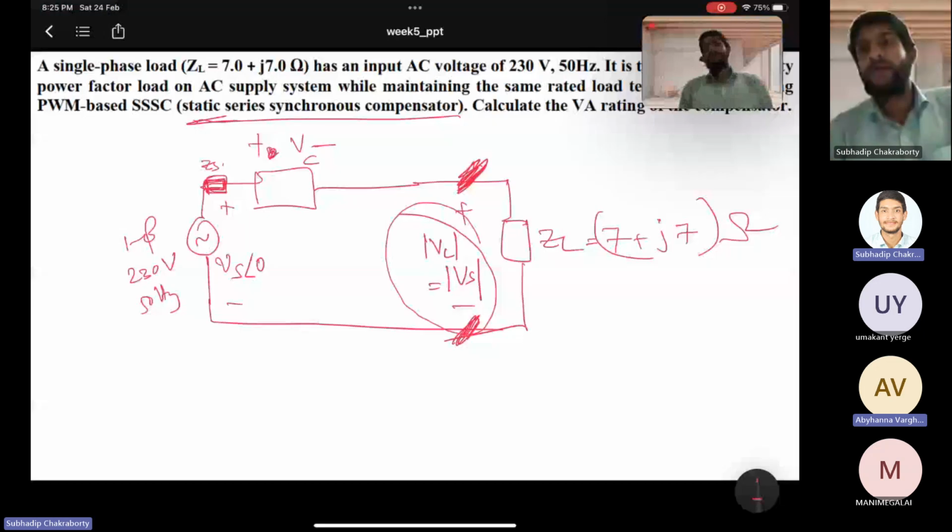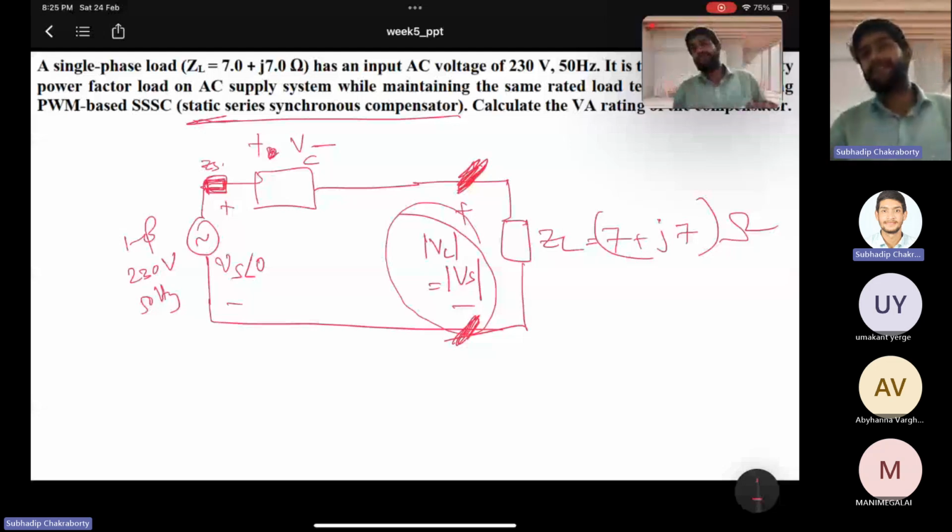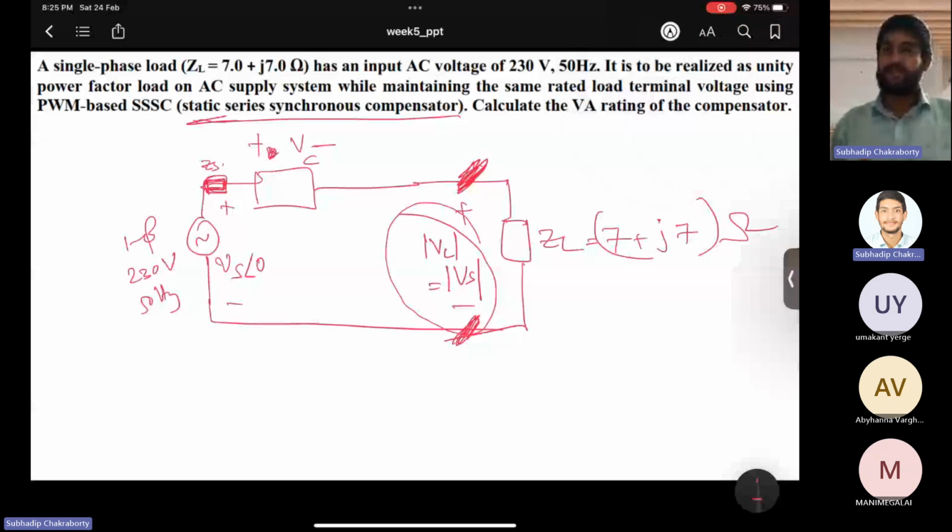Yeah, okay. One thing you just need to see while drawing the phasor diagram: all these problems of series compensator, calculating the VA rating, you need to have a grip over the phasor diagram. For having it, you need to draw the phasor diagrams. For drawing the phasor diagrams, you need to assume some reference.